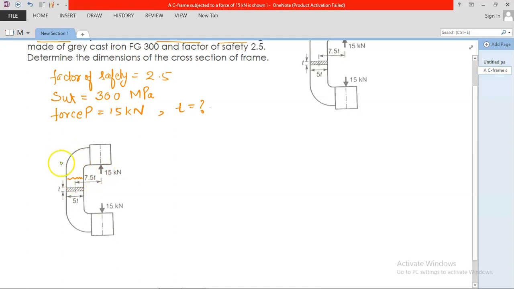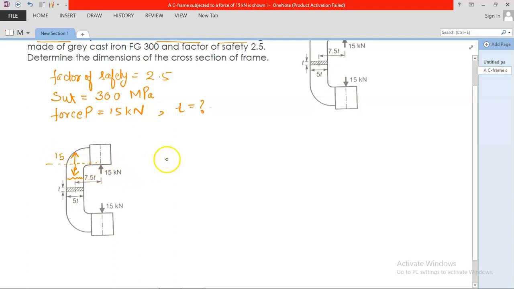Suppose this is your frame. Let me draw it like this. If I apply 15 kilonewton in the upward direction and 15 kilonewton in the opposite direction, this force and this force form a couple.